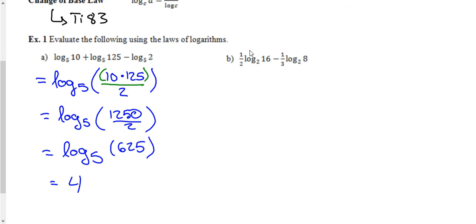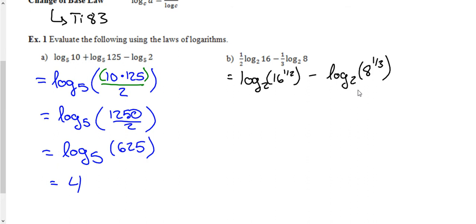Over here, what do we have? We have a coefficient in front of each, so let's move those out of the way. That's going to be my first step of rewriting. So I have log base 2 of 16 to the exponent 1/2 minus log base 2 of 8 to the 1/3. There we go. So now we have no more coefficients to worry about.